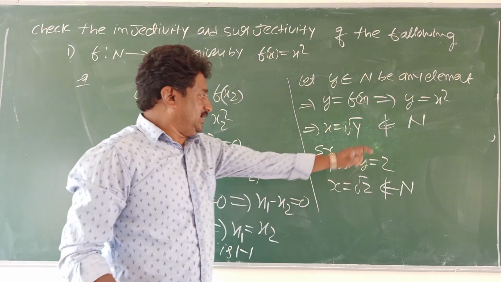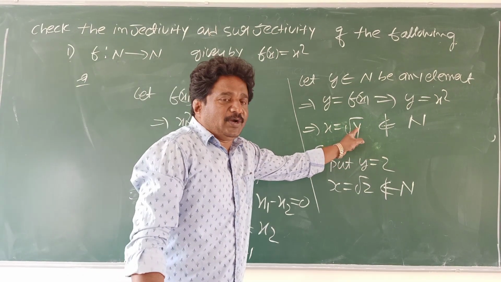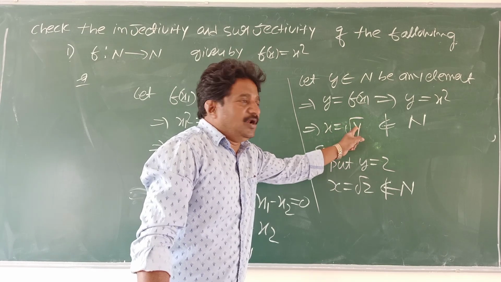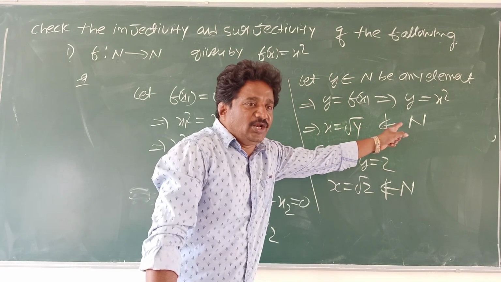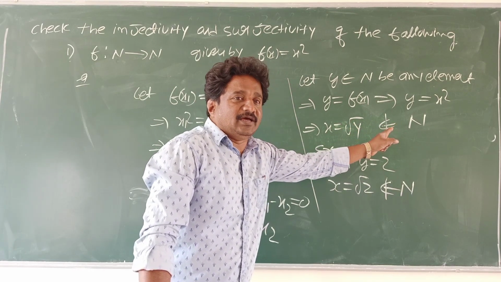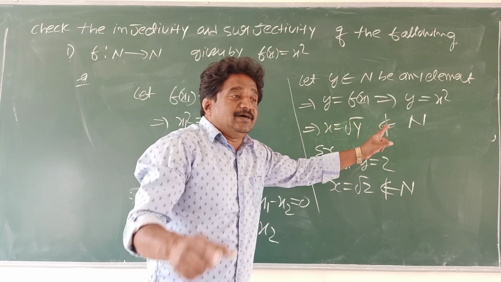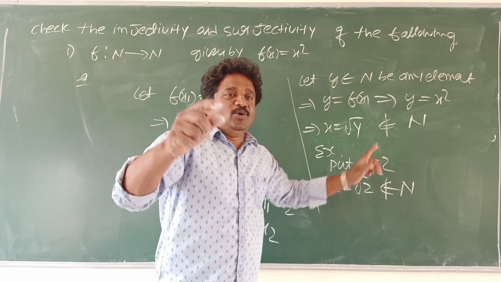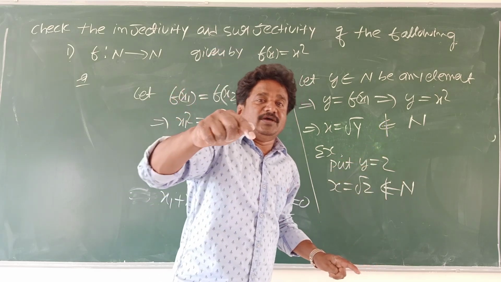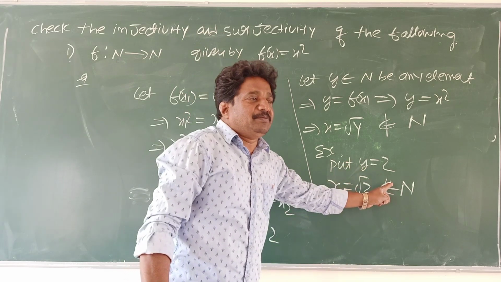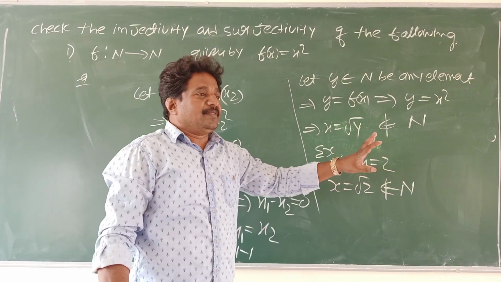You may be thinking, students, instead of y equals 2, put y equals 1. Root 1 is 1, which belongs to N. Yes, you are correct. If I put y equals 1, x belongs to N. But one thing you remember, students, whenever you get doubt, think of failed subjects. Failing in one subject means completely failed.